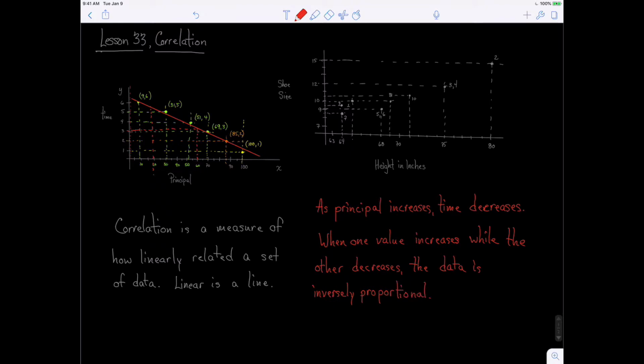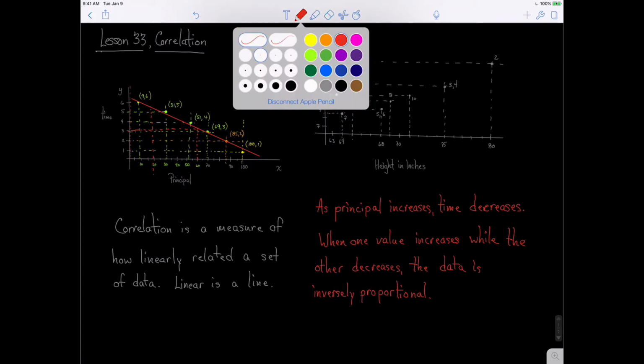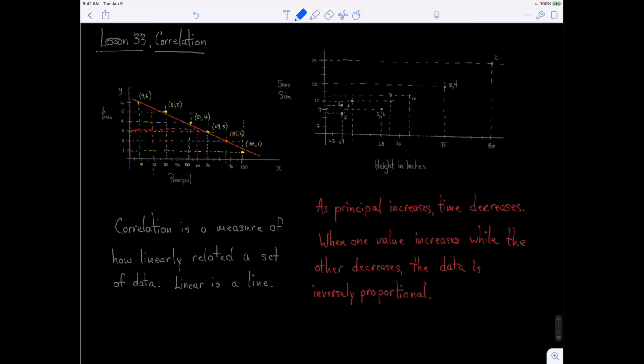Okay, now let's do another line. How about this one we'll do in this bright blue color. Now notice here, it's a little harder to fit a line. See, I can maybe like that, but let's try this one instead.